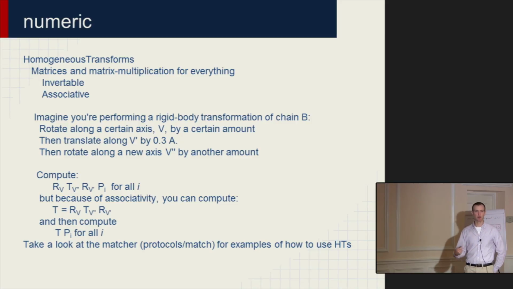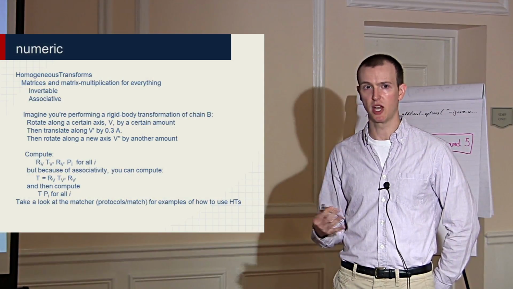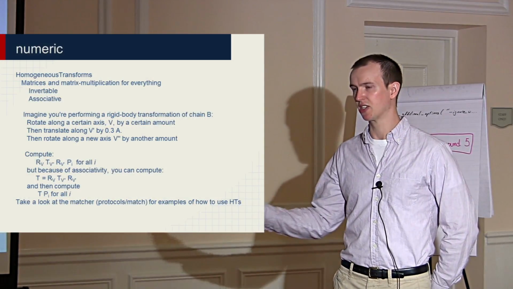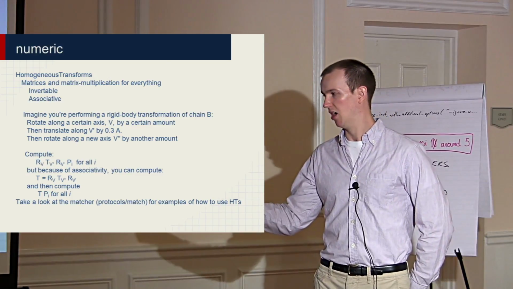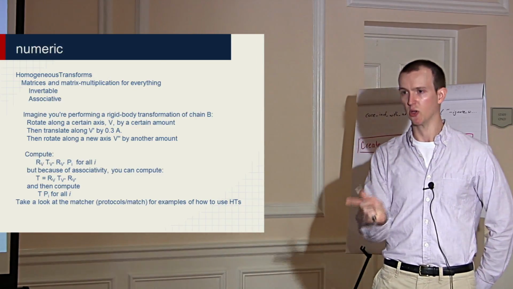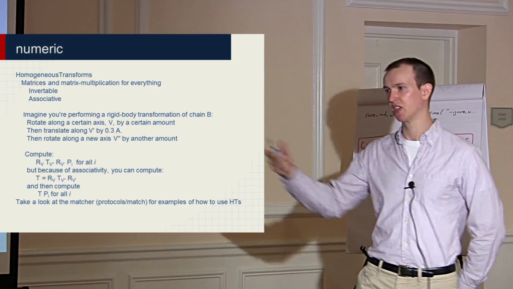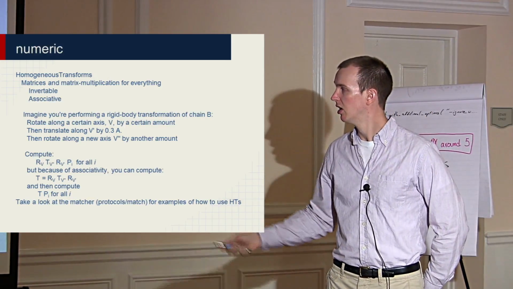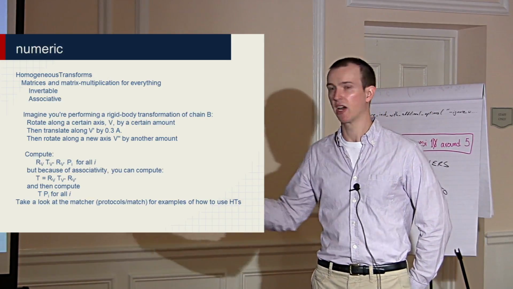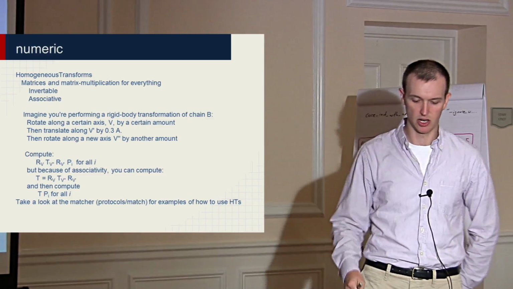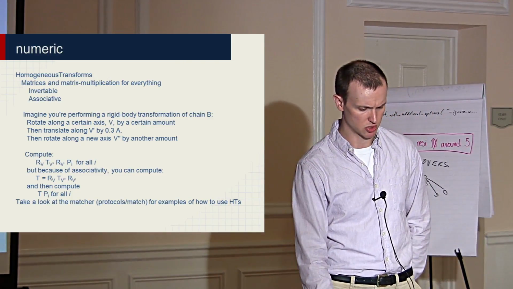So you've reduced the number of computations because of associativity. In this way, they're quite a bit faster than working with stubs, because with stubs, you're constantly moving points to the origin, rotating about some axis about the origin, then translating them back to where they were centered. All of those operations add up, and your code can be quite a lot faster with homogeneous transforms.